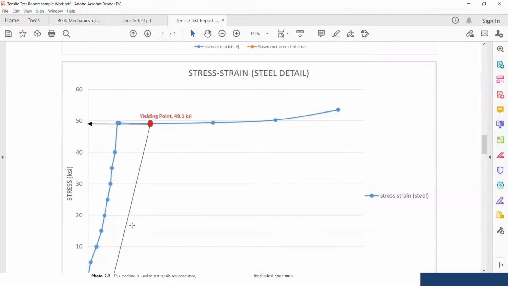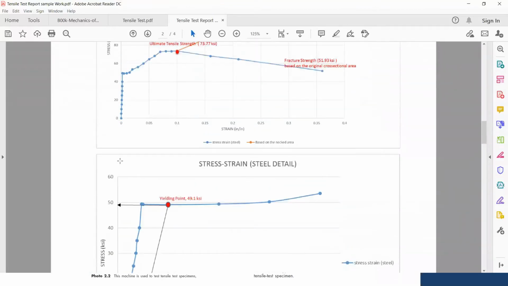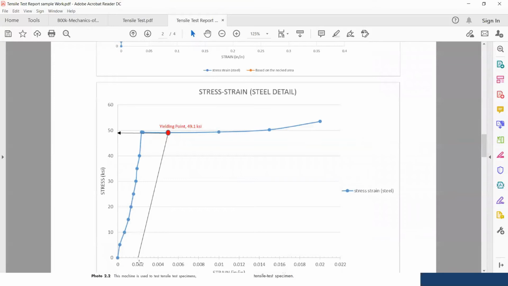I only add a certain portion of the data up to here, certain data points. And I can use the 0.2% method. I can draw a line parallel to the linear portion, and I can read the corresponding stress, which will give us the yielding point.